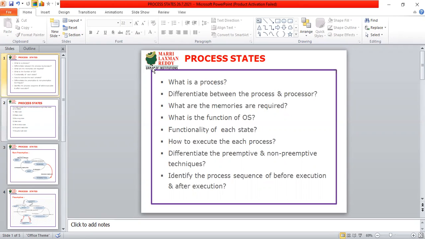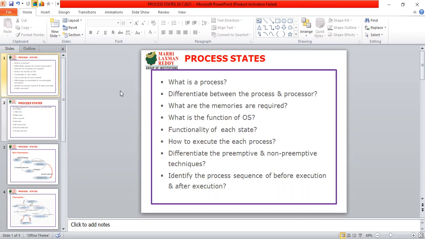Now, what is a process? A process is nothing but any program execution procedure. Suppose any items are prepared or made, that procedure is called a process.